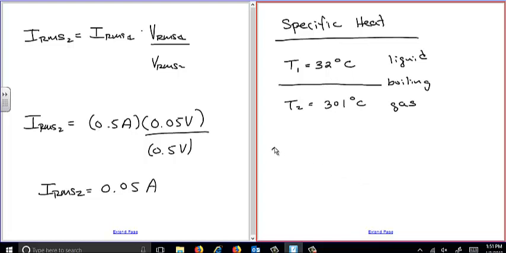So the total amount of energy, and this is energy, so this is in joules, is going to be made up of three parts.